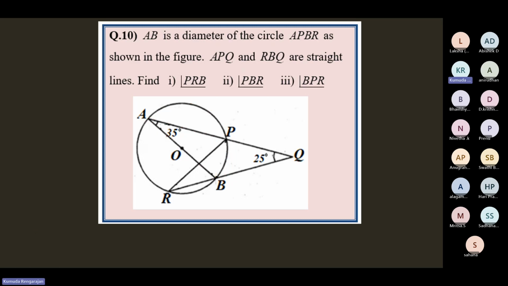That's the first step: identify the diameter. Identify a point on the circumference of the circle. Join the ends of the diameter to that point. Join A to P, B to P. Now an angle is formed, APB, on the circumference. That angle is 90 degrees.